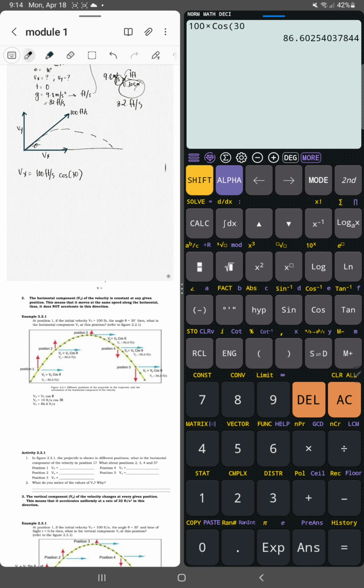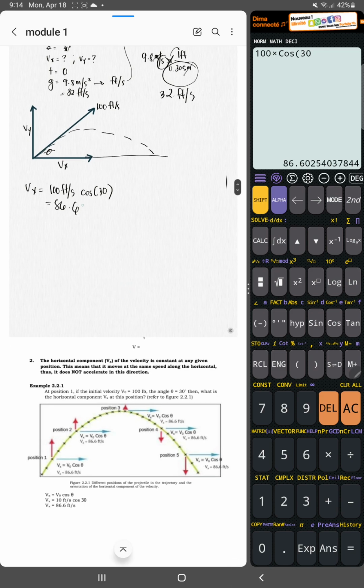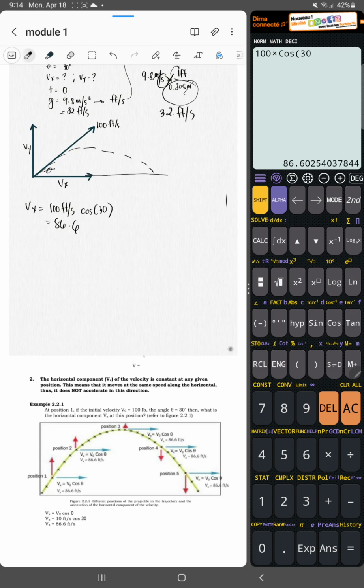Okay, so anong nakuha? 86.60. So, ang nakuha po is 86.60. Anong unit natin? Our unit is feet per second. Kukopyahin pa din natin yung unit niya dyan.